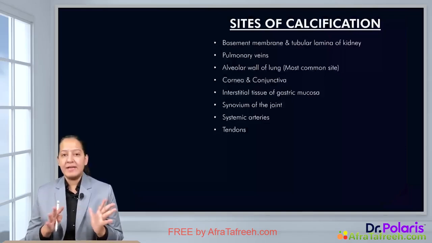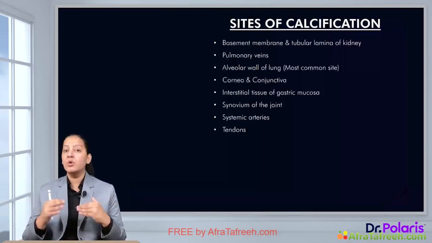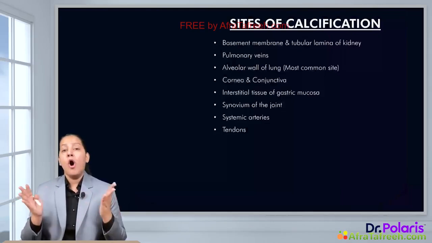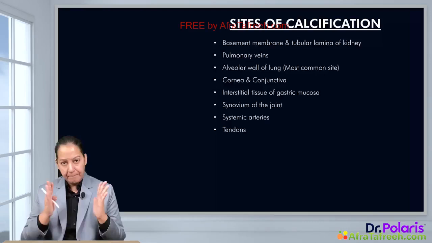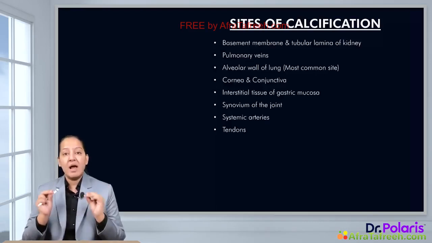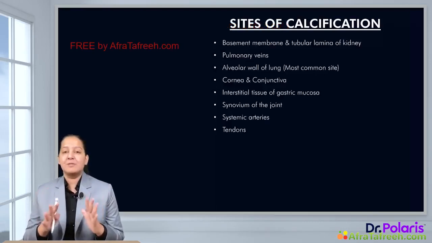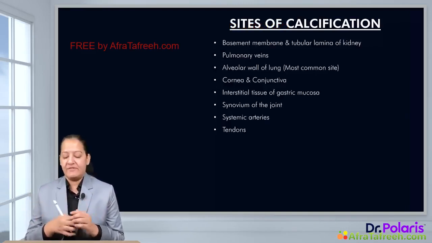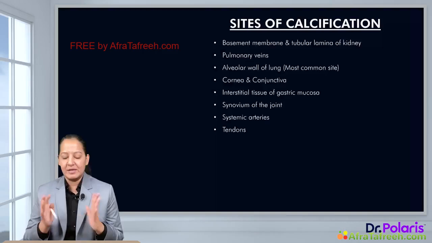Now, what are the sites? All the human organs which lose acid to some extent, or you can say all the human parts, human cells which have alkaline pH, are predisposed to having metastatic calcification. You have understood the pathogenesis, the reason behind it.